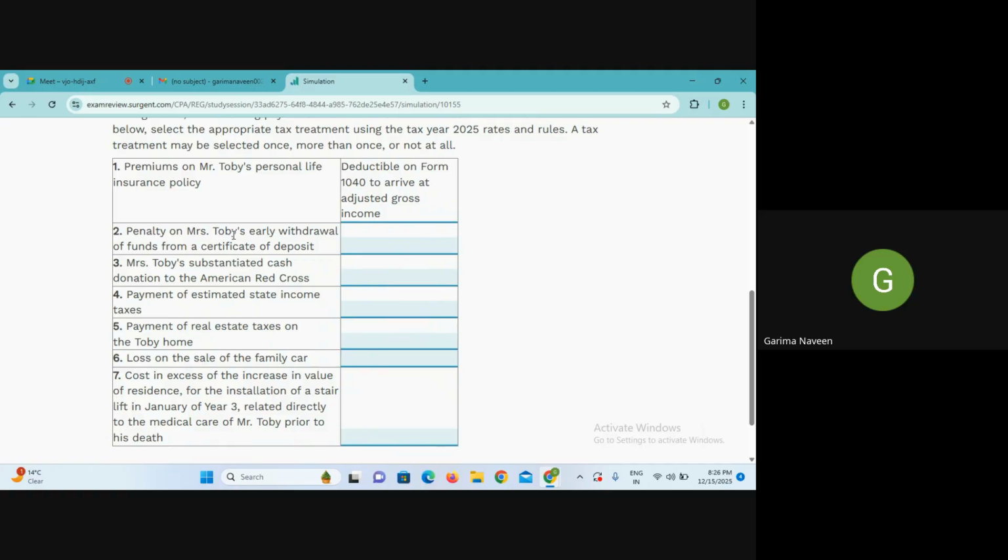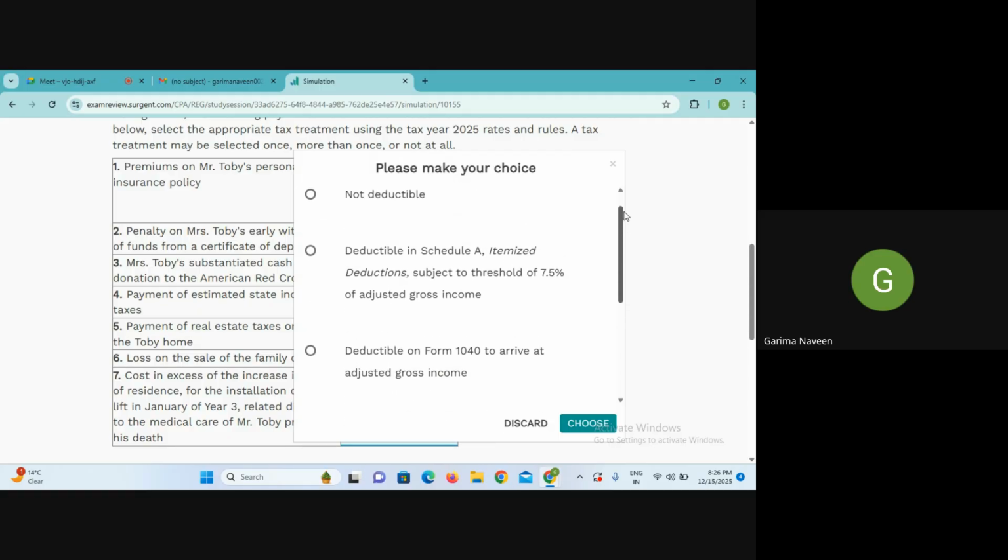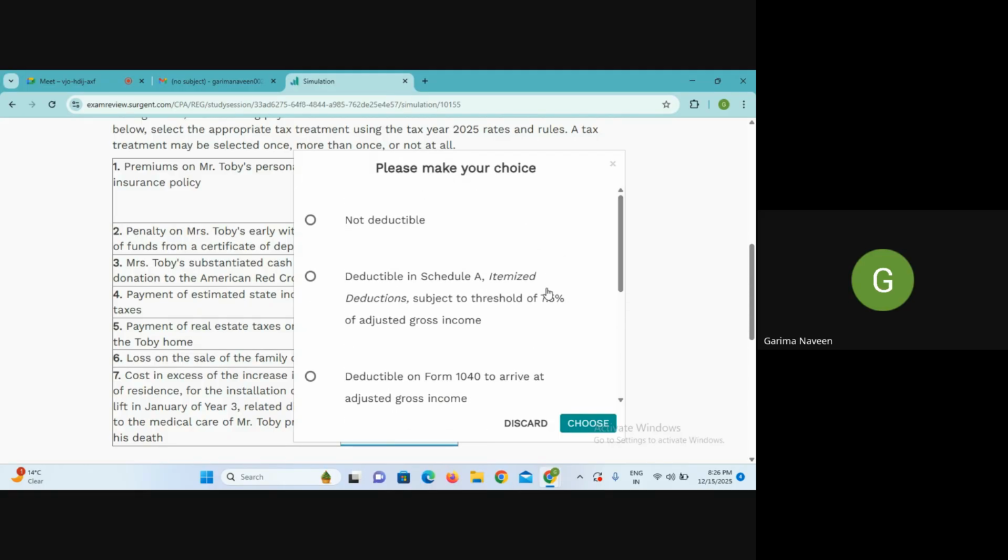Penalty on Mrs. Toby's early withdrawal of funds from certificates of deposit. So if you have any savings and you are withdrawing that early and have to pay a certain penalty, what do you think, whether this penalty will be taken as a deduction or not? Or if yes, under which category?